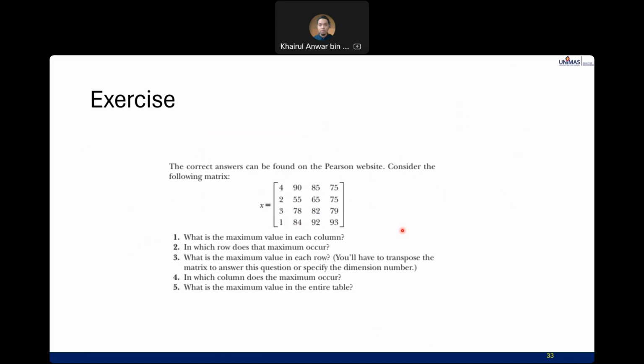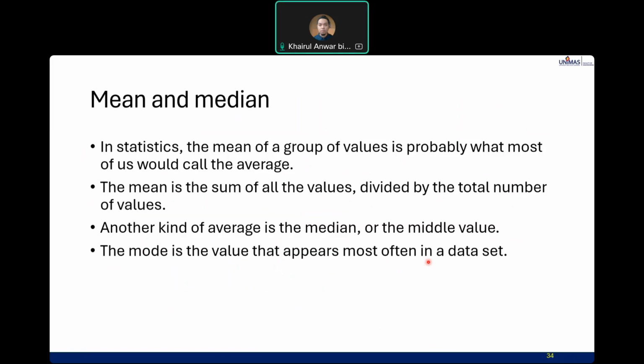You can use max(x) here. In which row does the maximum occur? That one you need to use [a,b] = max(x), and so on.